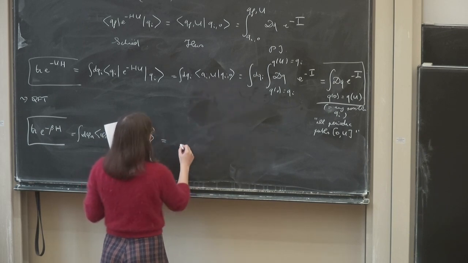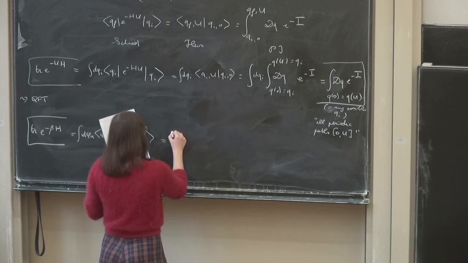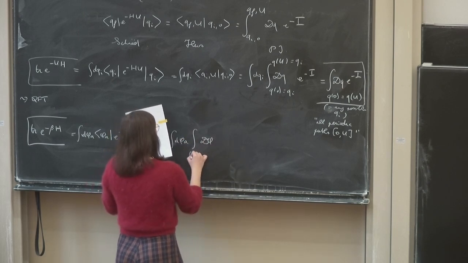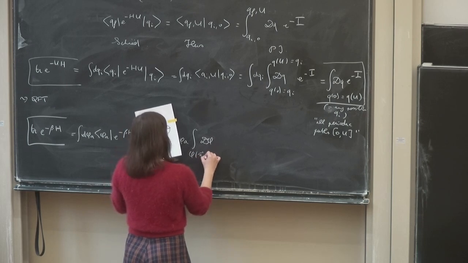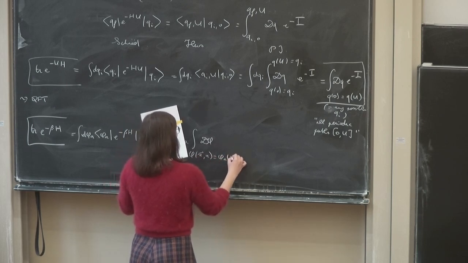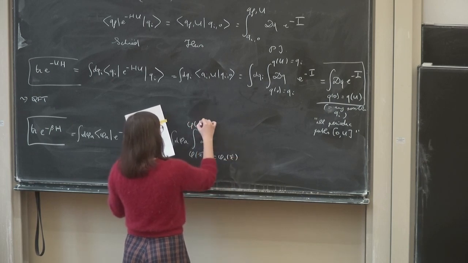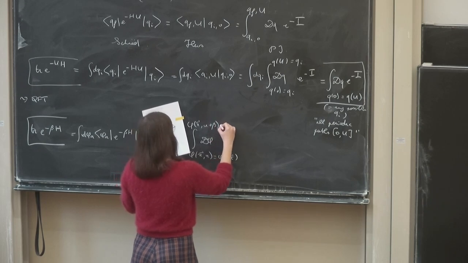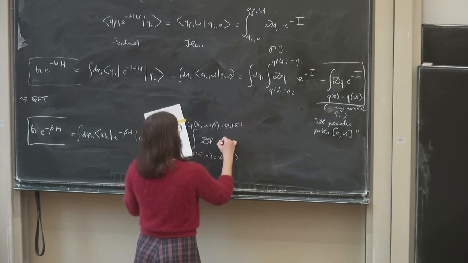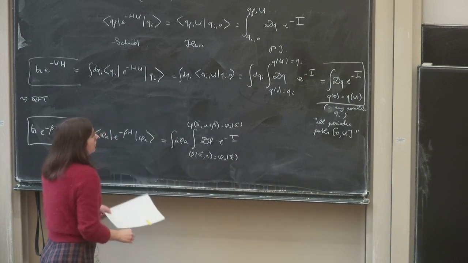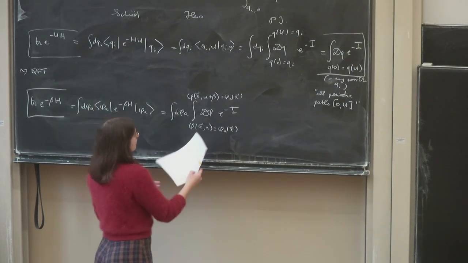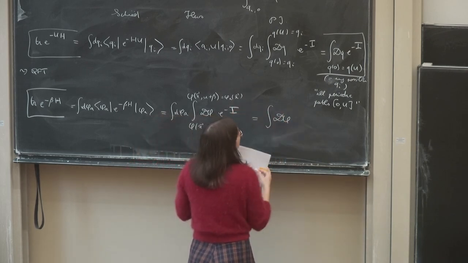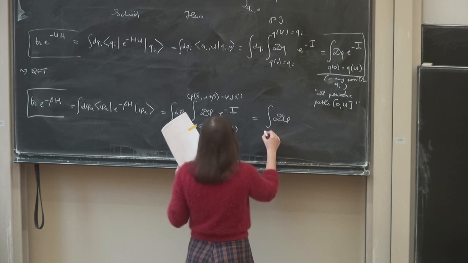I just go straight to the path integral picture. I have integrating with these initial and final boundary conditions. So together, this integral is just the path integral over all possible periodic paths.